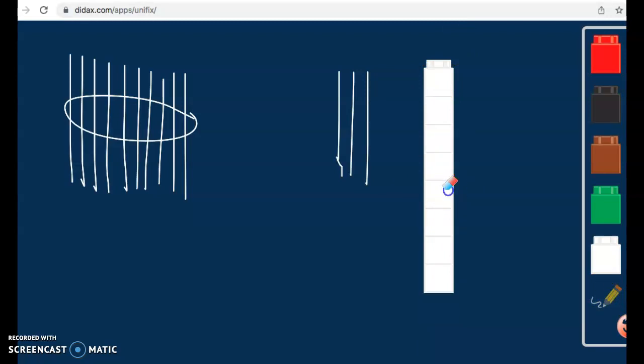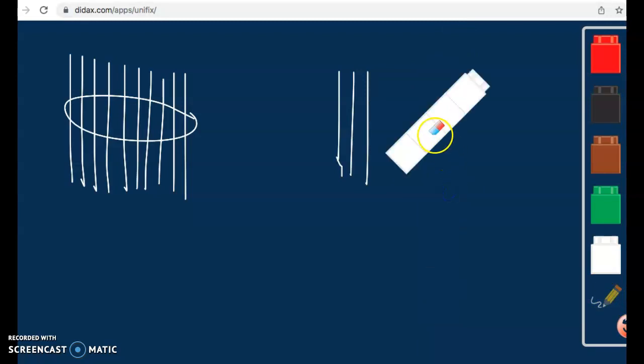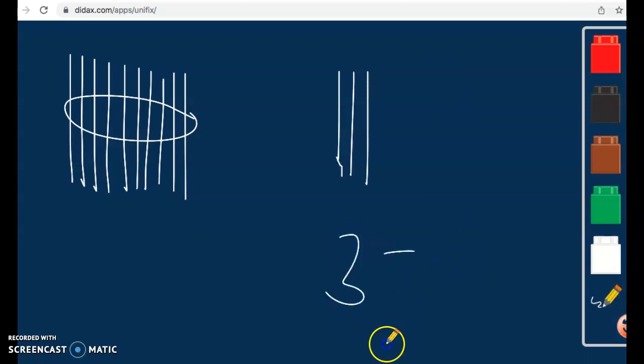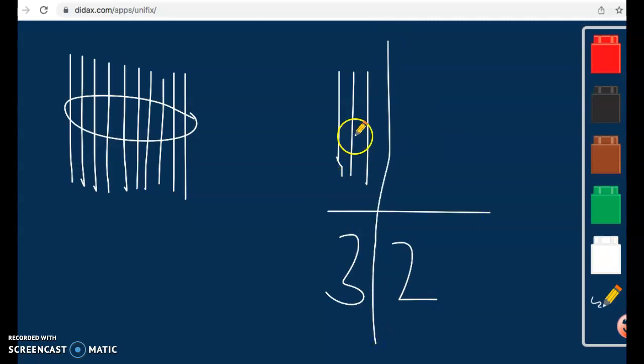Let me just erase these. If we wanted to see the number 32, this is how it would look: 3 tens bars to equal 10, 20, 30, and 2 ones.